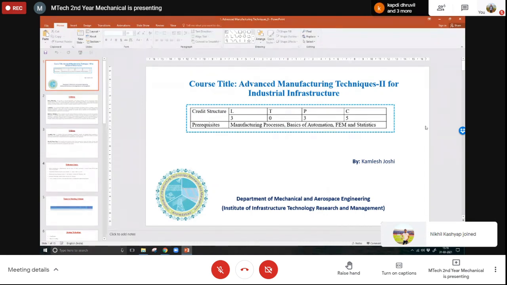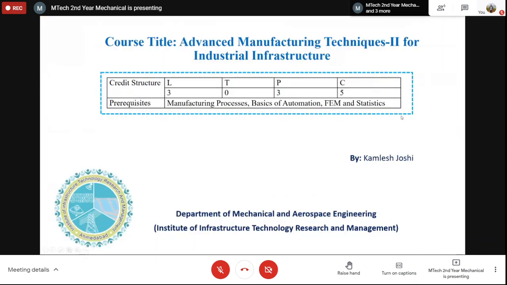We'll start with our new subject. I hope the slide and the presentation are visible. It is Advanced Manufacturing Techniques for Industrial Infrastructure. This is the basic credit structure visible in front of you.